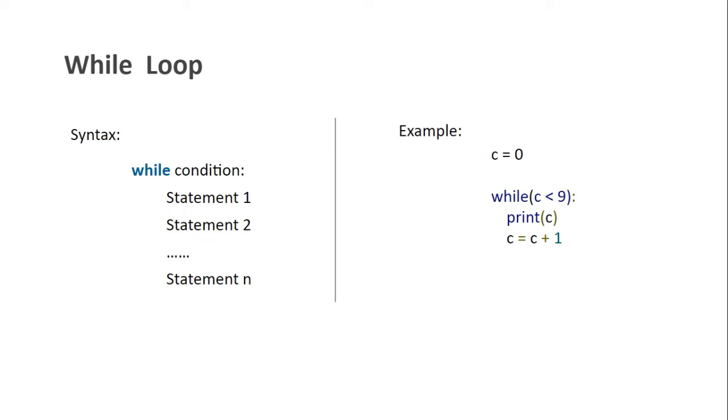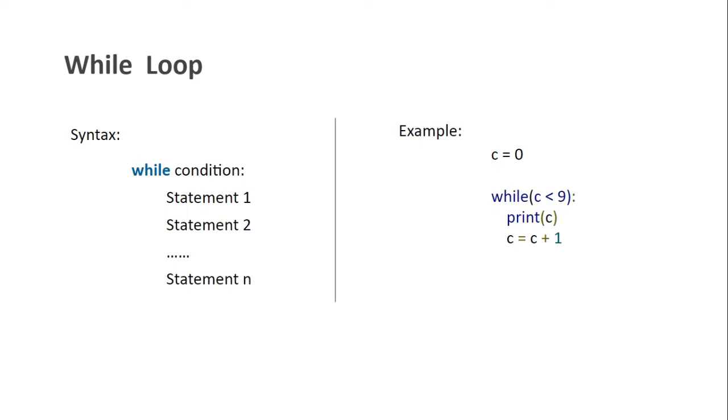Now the condition will be checked once again and yes, 1 is also less than 9. Now it will again go inside the loop and print 1 and then c becomes 2 and so on, and it will go on till the condition is true. If the condition is false it will exit from the loop.